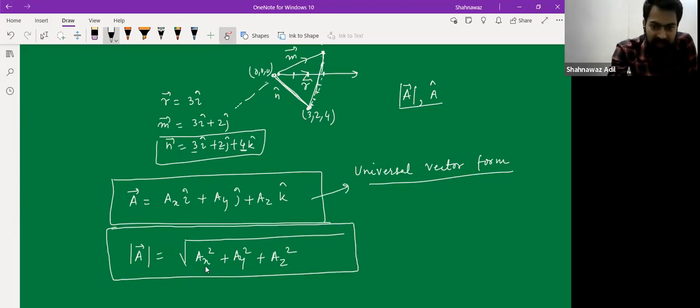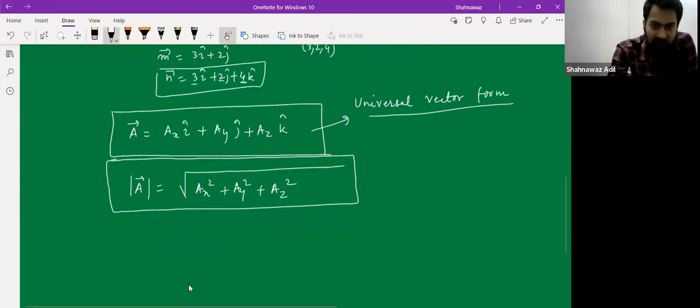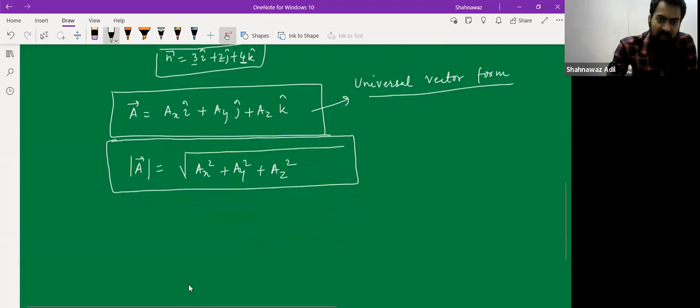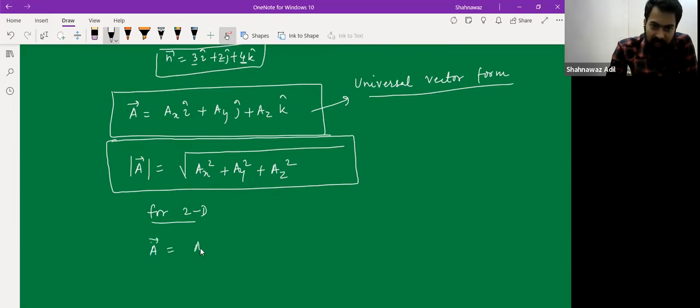Understood? And if the vector is in 2 dimensions, so for 2D, A would be simply ax i plus ay j, and the magnitude would be simply the square root of ax square plus ay square.